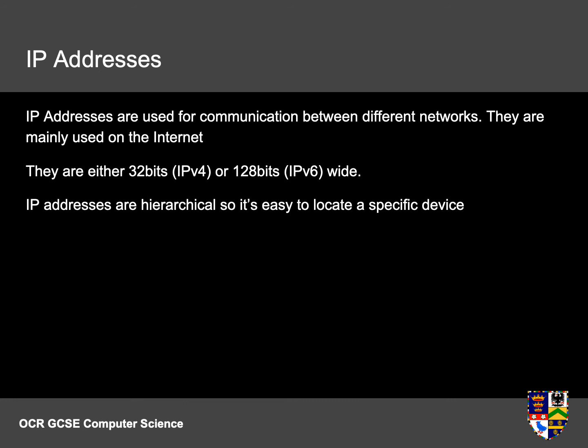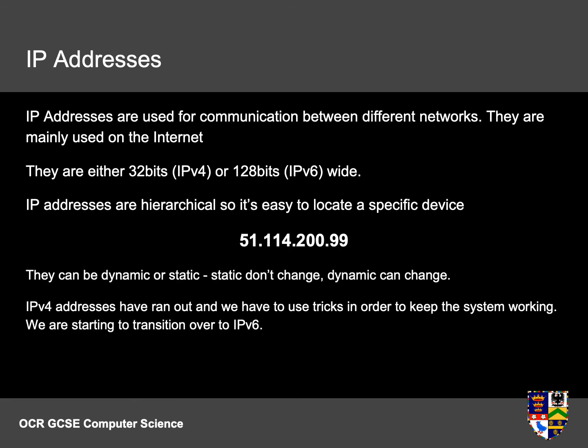Now, IP addresses are hierarchical, which makes it a little bit easier to locate a specific device, while MAC addresses are sequential and they go up one by one. IP addresses are broken up into 4 separate sections.